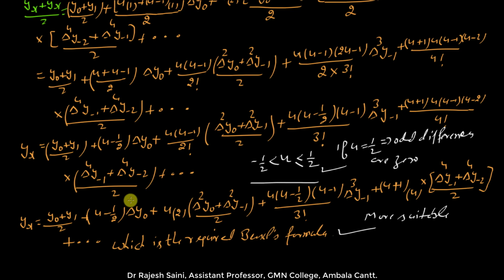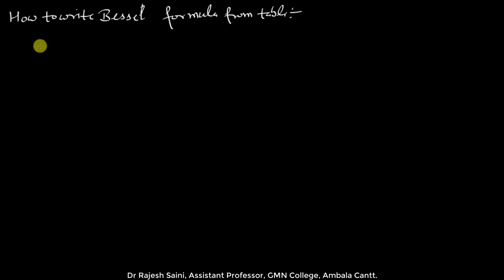So now we will learn how to write it from the table directly when we have to use it in the numerical. So how to write this formula. So now we will learn how to write Bessel formula from table. So we'll form the table. This is y naught, and since origin was shifted, so I will also write y1.